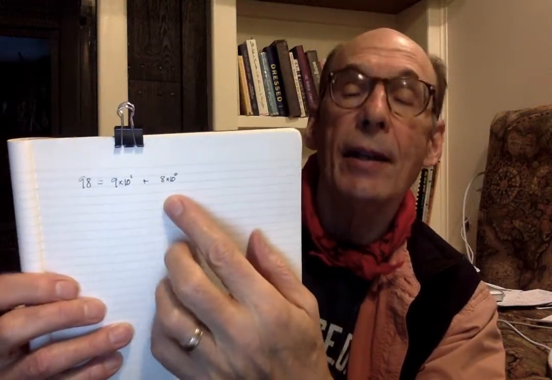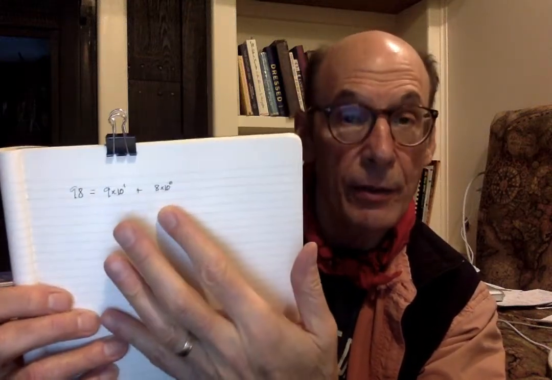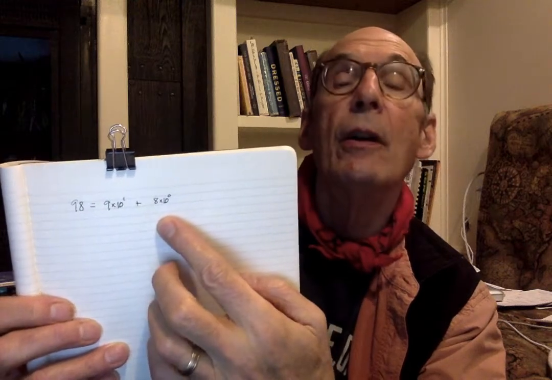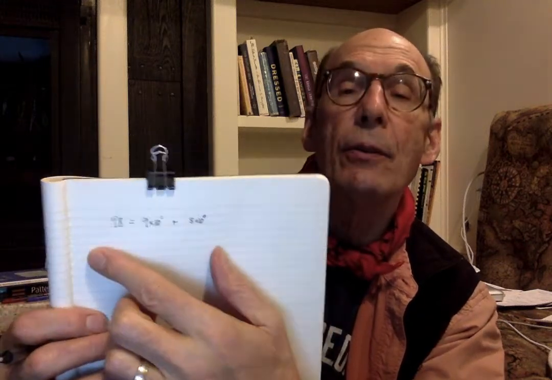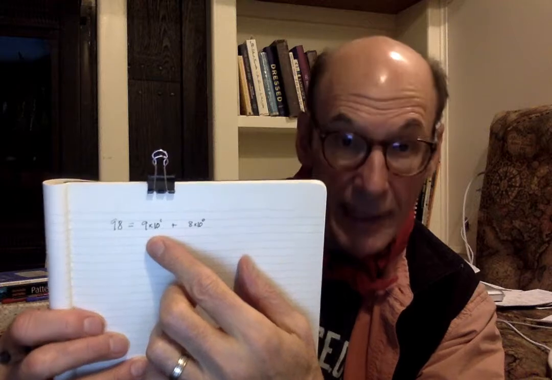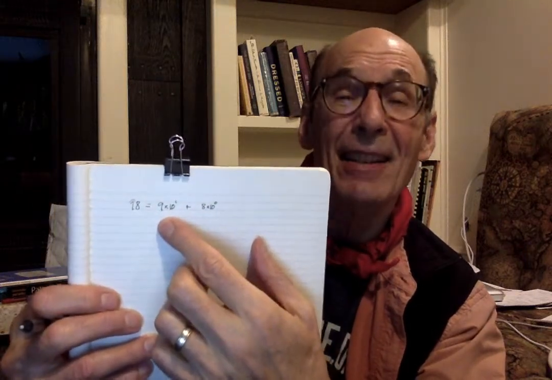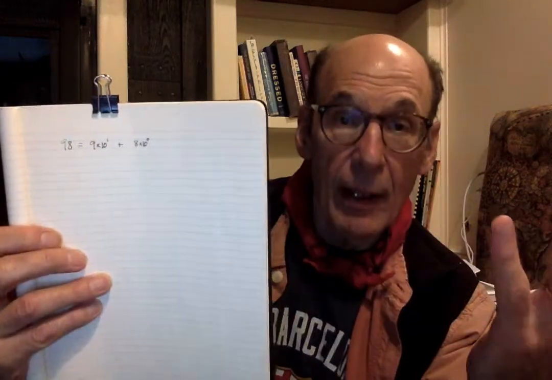And then we have 8 times 10 to the 0. 10 to the 0 is 1, so that's 8. So 98 is 90, plus 8. And we've been doing this so long that it doesn't seem difficult, but in fact it is. This is a very difficult situation from a computational perspective.